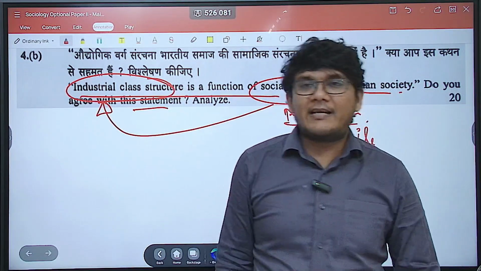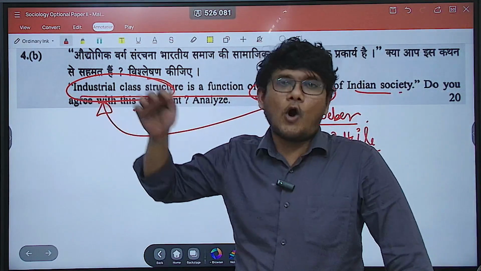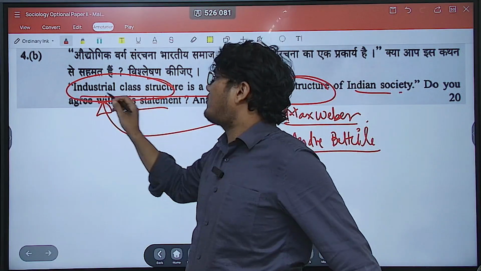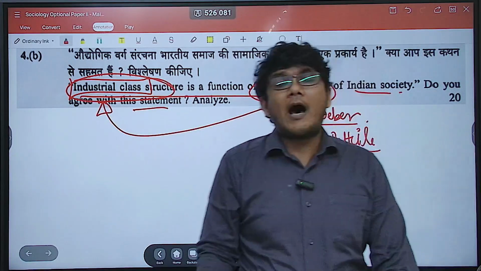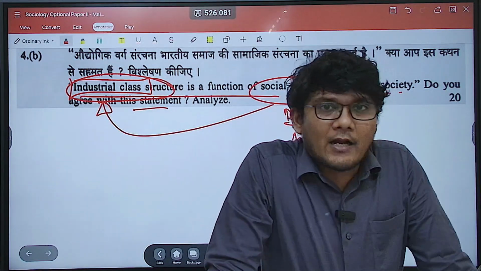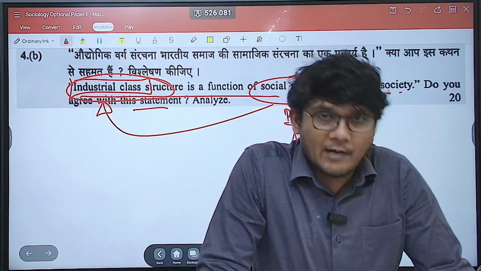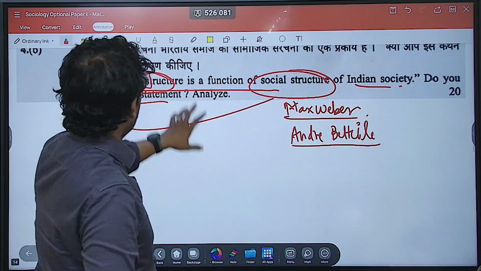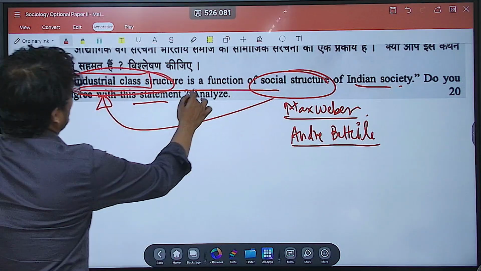It basically comes from the ownership, non-ownership, the job that you do, and industrial class is one such class which does certain jobs. So if you are a lower caste but earning well, your social status would be higher than a lower caste who is not earning well. So it will be a mix of both things, as a result of which you will probably agree to an extent, and you are asked to analyze.